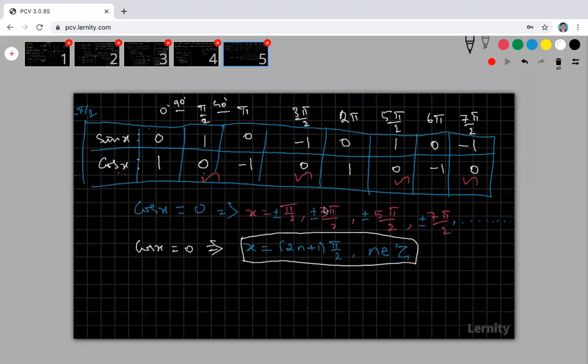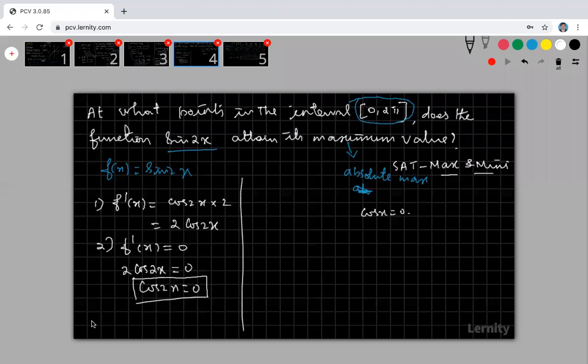Actually not x, 2x. My 2x is equal to plus or minus pi by 2, plus or minus 3 pi by 2, plus or minus 5 pi by 2, plus or minus 7 pi by 2, and it goes on.